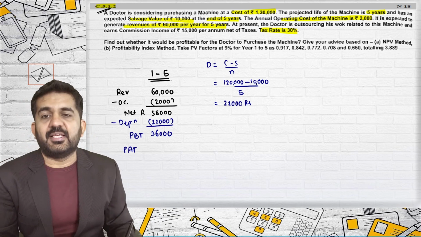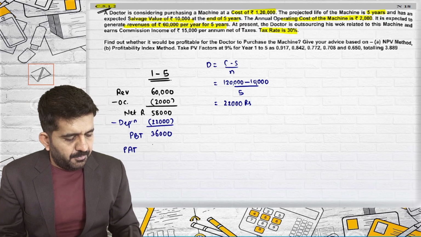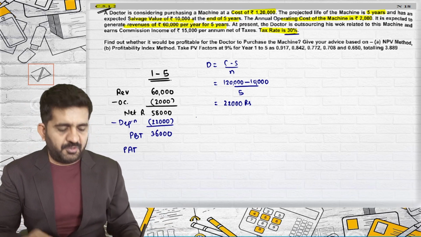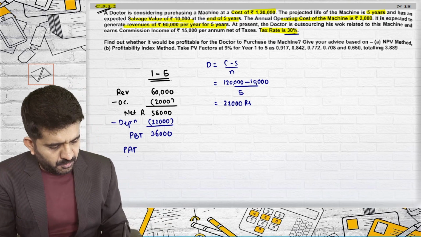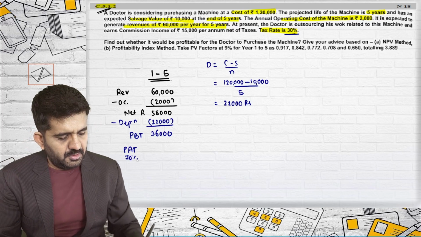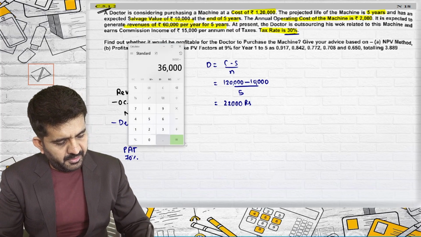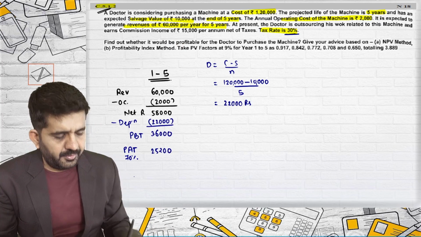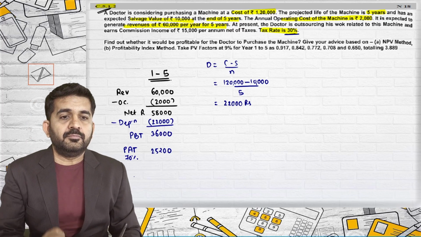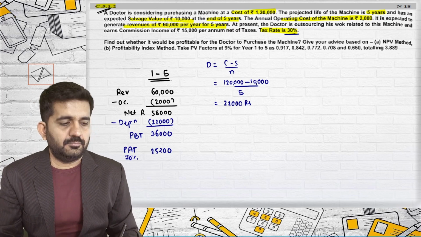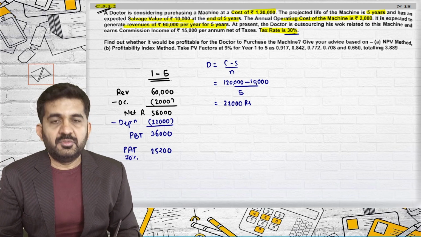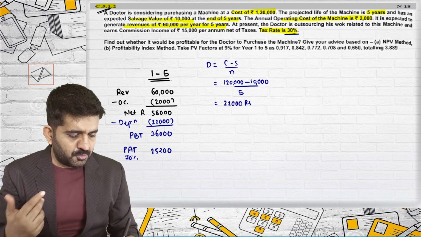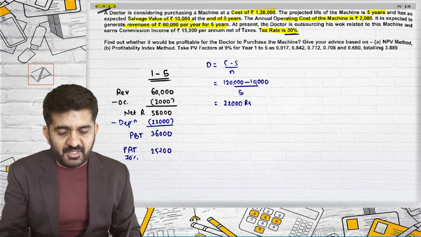Profit after tax. I never write down tax separately. Profit after tax is profit before tax into 70%. If 30% is the tax rate, profit after tax will be 70%. So 36,000 into 70%, 25,200. If the doctor purchases the machinery, his profit after tax will be 25,200.